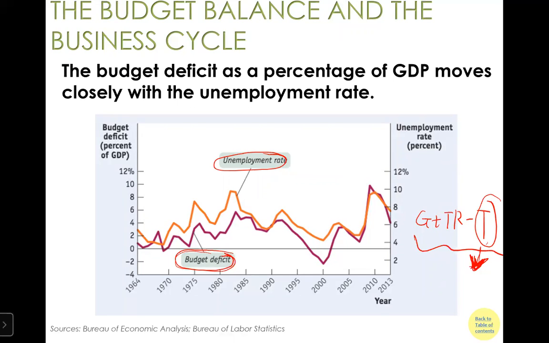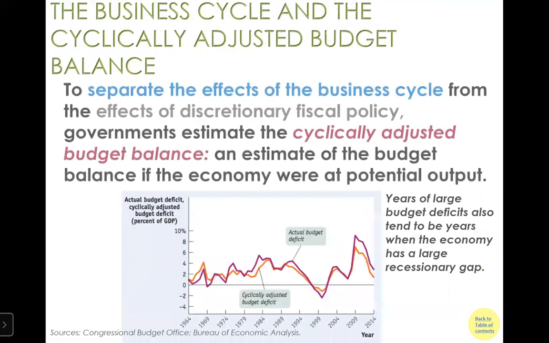In the boom, you're going to receive more tax revenue, right? So due to the business cycle fluctuation, and to better reflect the health of the economy or the government policy, we also calculate the cyclically adjusted budget balance. Okay, so this is the estimate of the budget balance, assuming the economy were at potential output.